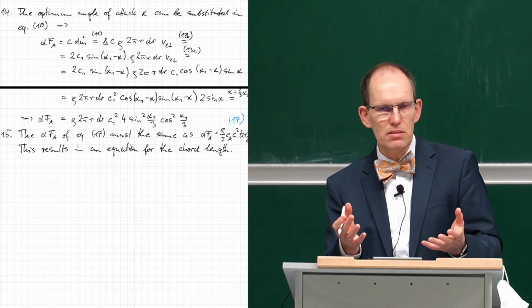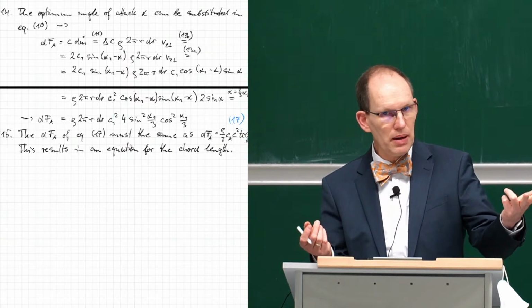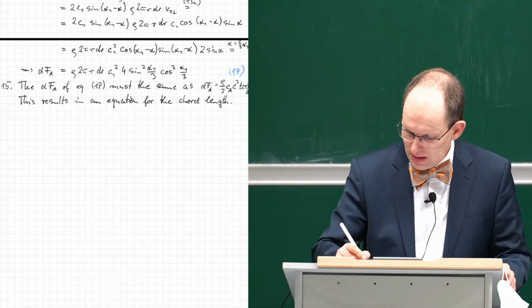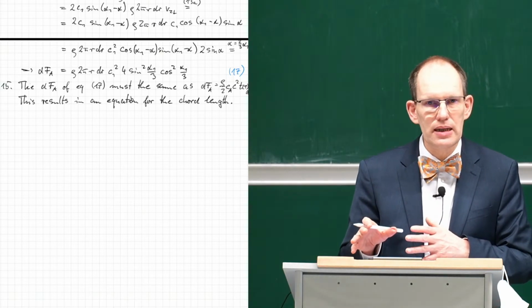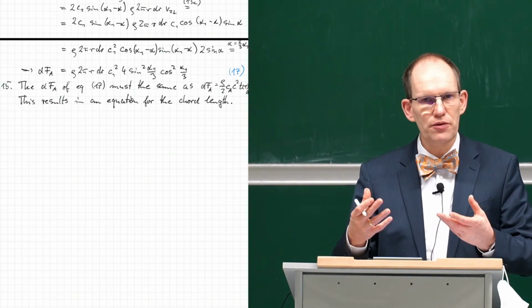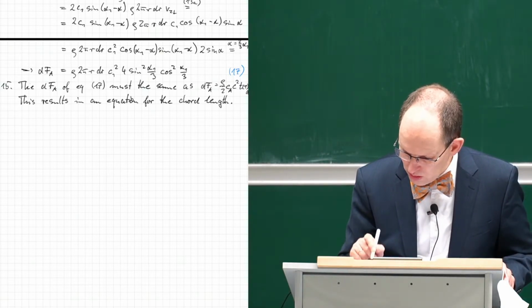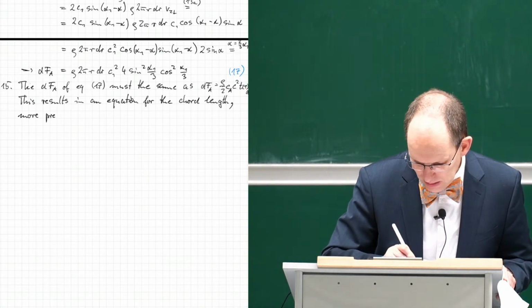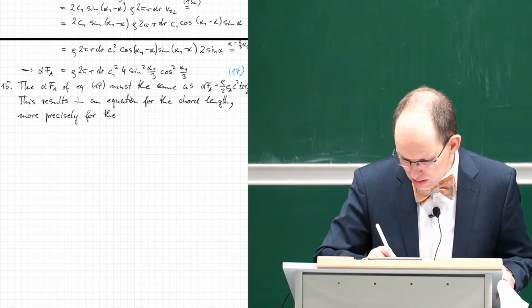And now it depends on your decision whether you want to have 1 blade or 2 blades or 3 blades, which is the standard, or perhaps 4 or 5. So 3 is the standard, as I said. So we'll get an equation for the total chord lengths. So for the sum of the chord lengths of all the blades. So this results in an equation for the chord lengths, more precisely for the total chord lengths.